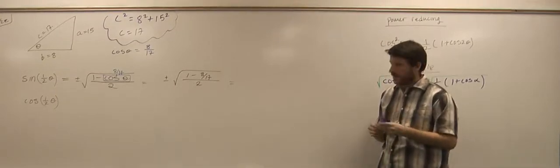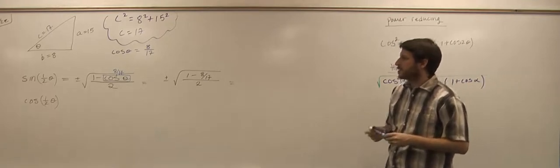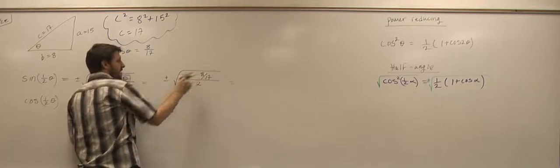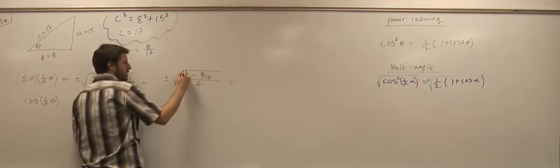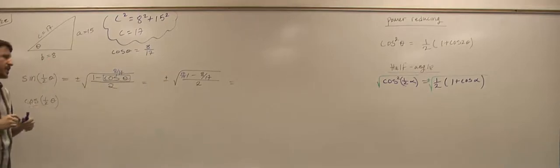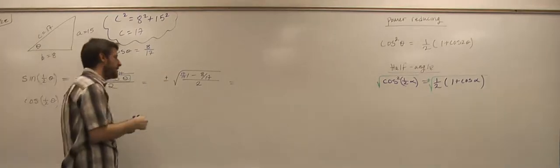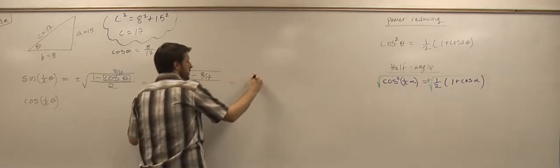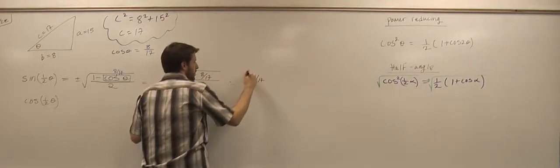Which I don't like because it's ugly, so I'm going to simplify it. 1 minus 8 over 17, well, think of the 1 as 17 over 17. So on top, when you do 1 minus 8 over 17, you're going to get 17 minus 8, which is 9 over 17.